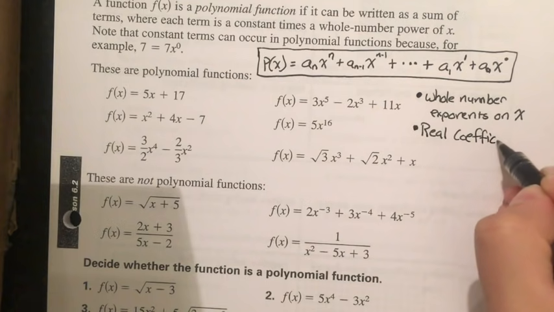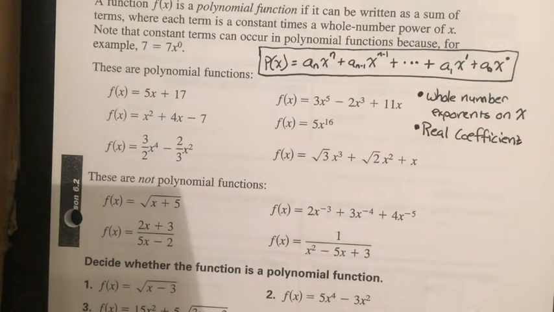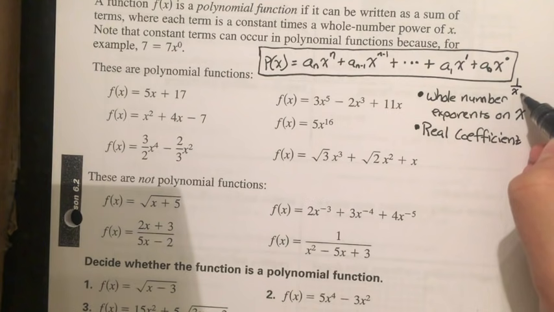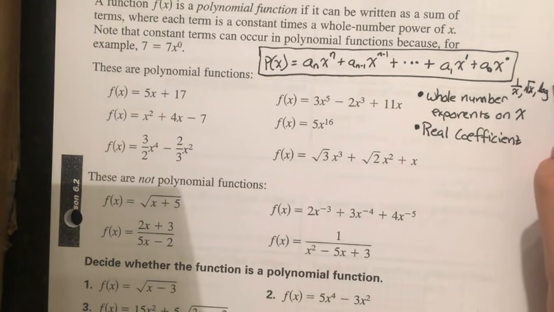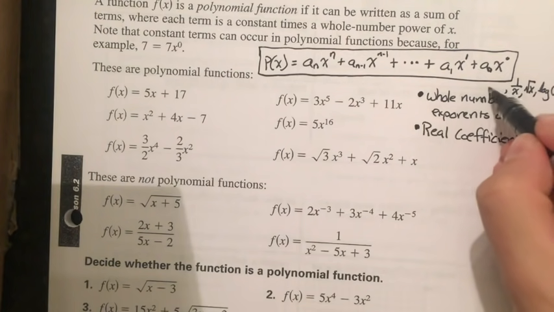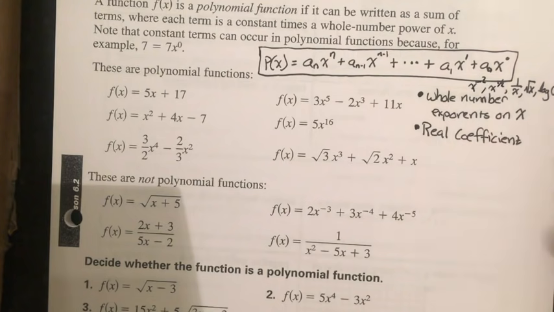The coefficient, or the number in front of the x, has to be a real number. Now, basically all that means is, well, we can't have an x in a denominator. We can't have x as part of a square root or x as part of a log. And we can't have x as a fraction. We can't have x to a negative exponent. Everything else is pretty much fair game.